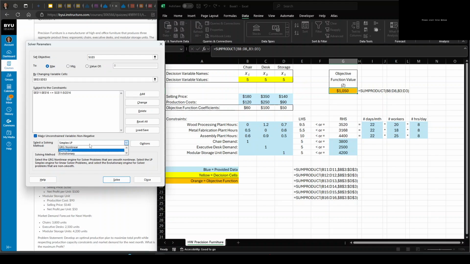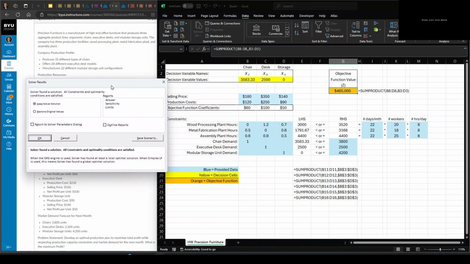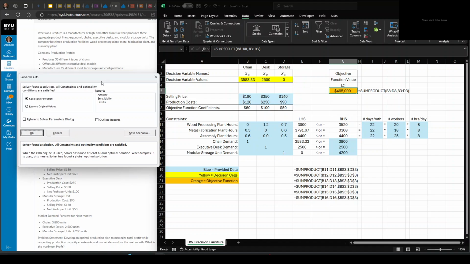Generally, that's a more common model to use than the nonlinear or the evolutionary. So I'll click on LP and we're ready to solve this. And it will do a whole bunch of calculations and it will beep and it will show you solver results.